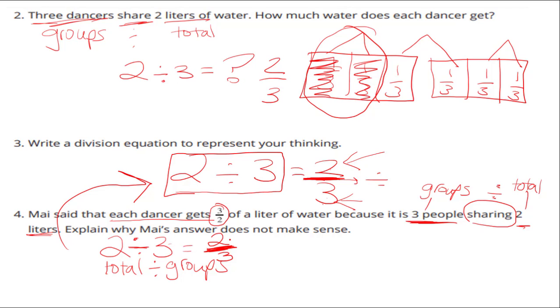So we would read that as 2 divided by 3 is 2/3. Okay, so what did she do wrong? She said that it was 3/2. Well, that means that she got her groups and her total mixed up. She put her groups first instead of total divided by groups. So the 2 comes first. 2 divided by 3, 2/3.